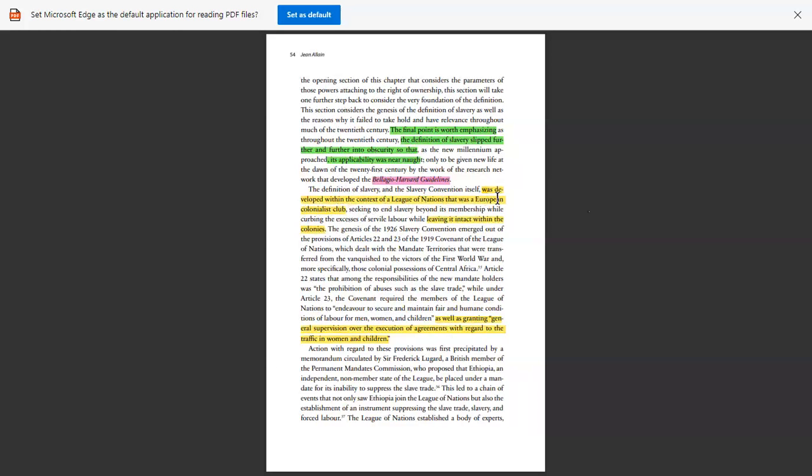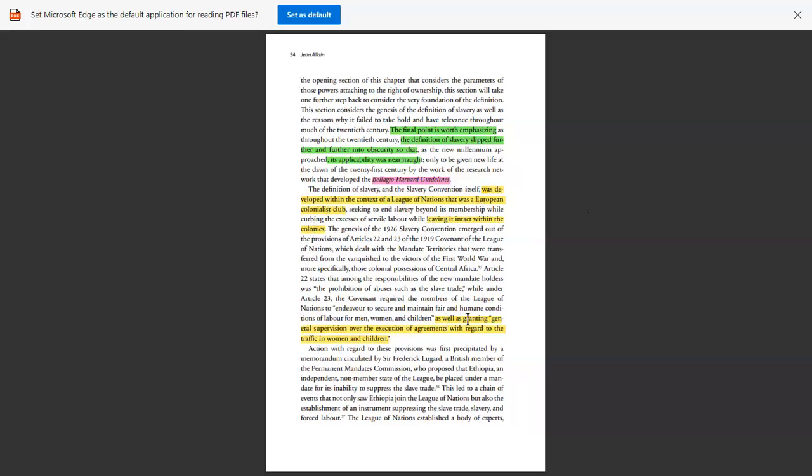So we're talking about Europeans in a League of Nations that were a club of colonialists, those organizations that had colonies, and they wanted to end slavery beyond their membership, which means within their membership, it still retains such conditions. And so leaving it intact within the colonies is exactly what they intended. So, don't let anybody else enslave, just us.